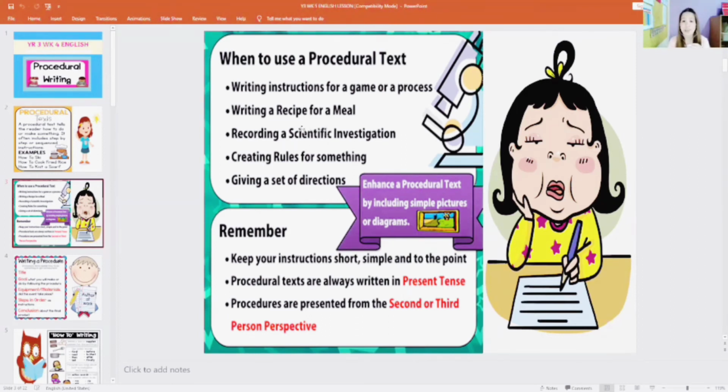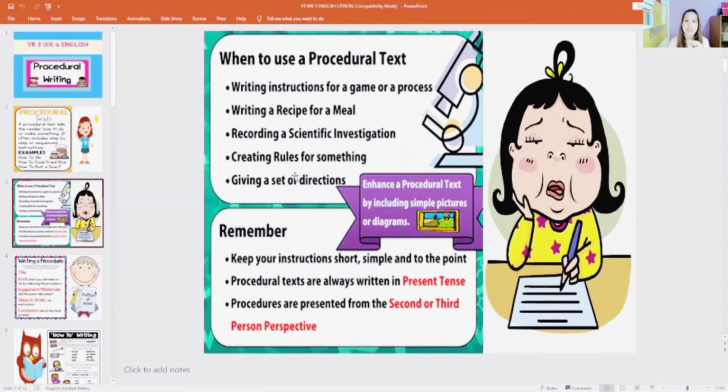Procedural text is also used to write a recipe for a meal or to record a scientific investigation. So if you're going to investigate why the caterpillar has a lot of legs and what it does after it comes out of the pupa stage, you can use scientific investigation or write it down through procedural writing.